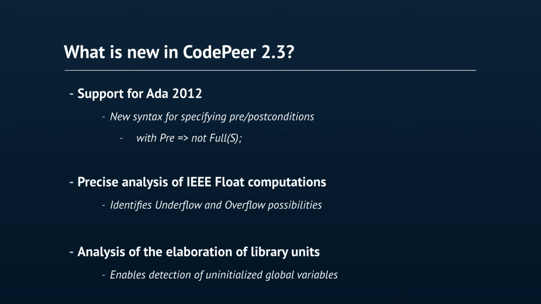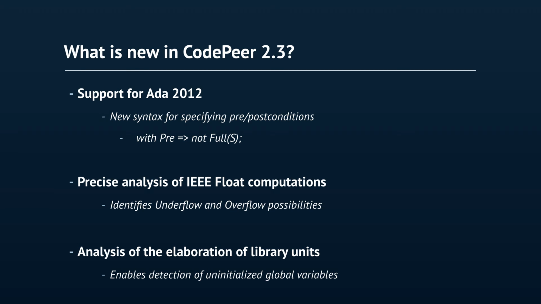We've enhanced the analysis of floating point values. We used to simply do infinitely precise calculations, which didn't match what the hardware was doing. Now we can simulate calculations using IEEE float precision, so we know about possibilities for underflow, for example, which in the past we just ignored, and we can also identify overflow possibilities.